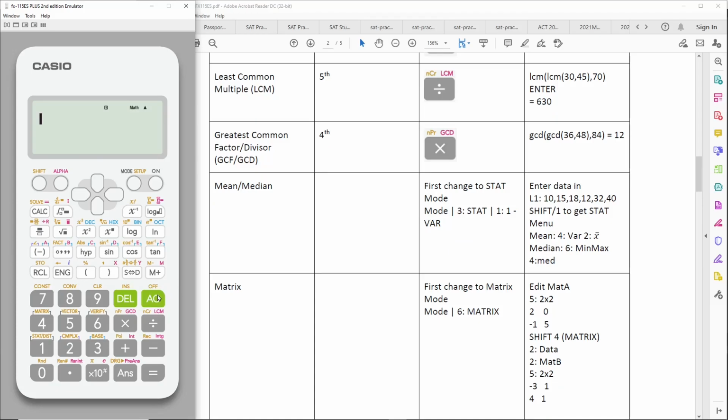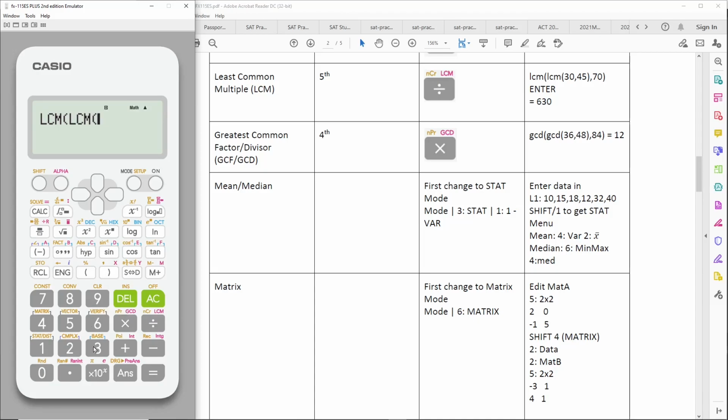This calculator also has a function to do the least common multiple. It's right here. You see LCM in the red there. So if I wanted to find the least common multiple of three numbers, 30, 45, and 70, I have to do alpha and the divide button. Now in this case, since there are three numbers, I need to do it twice here.